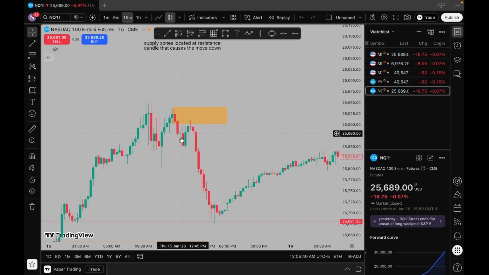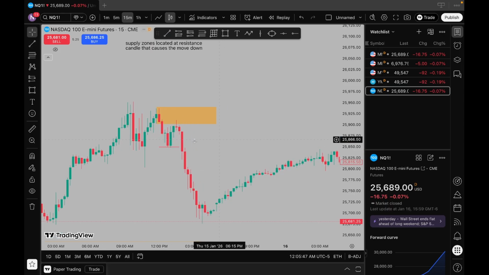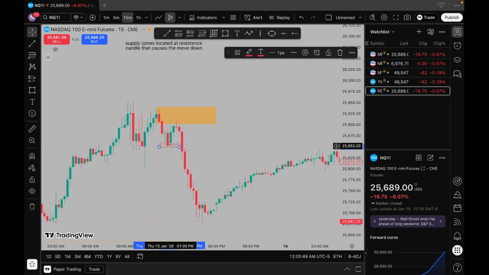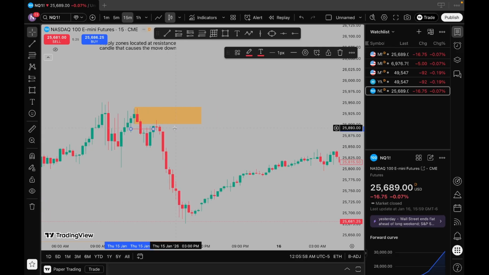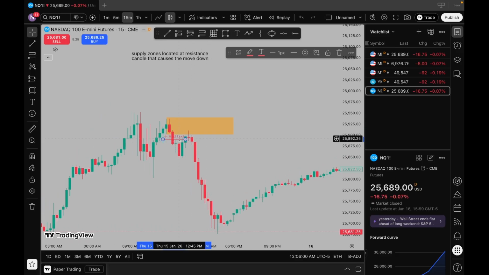And then it needs to create liquidity. So this would be buy side liquidity up here. Because it didn't touch the candles, this is considered buy side liquidity. So what does liquidity need to be? What does the market need in order to move?